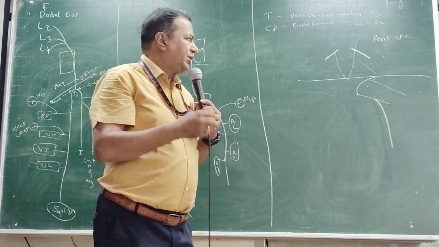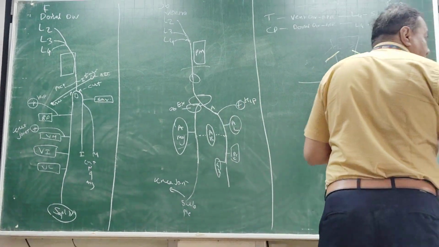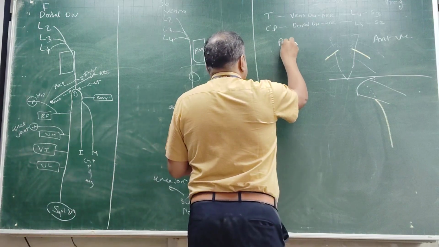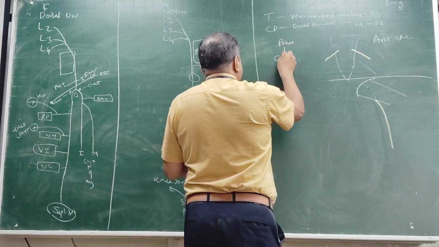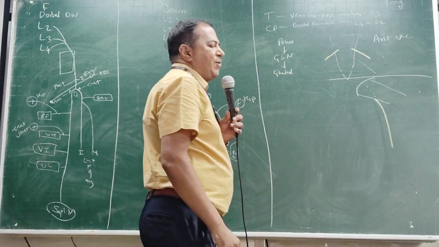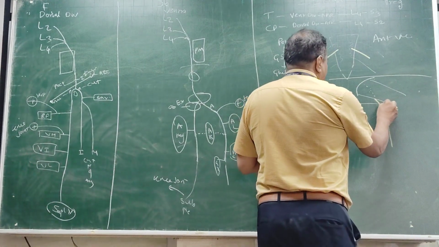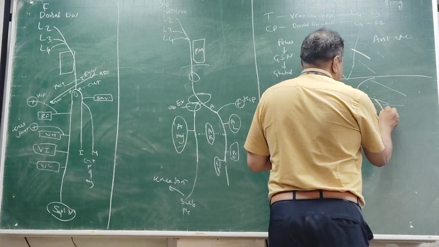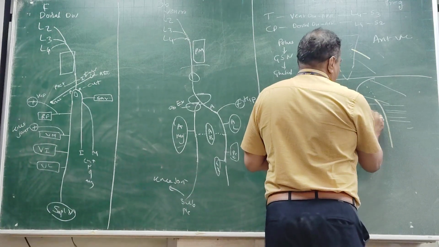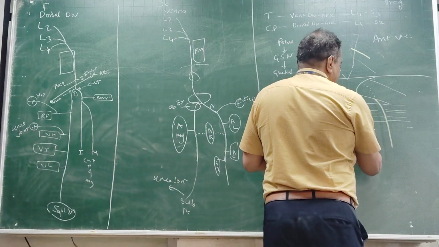So the course of the sciatic nerve is such that it passes from the pelvis, leaving the pelvis through the greater sciatic notch, entering the gluteal region. In the gluteal region, it is lying on the obturator internus and the gemelli, and quadratus femoris.